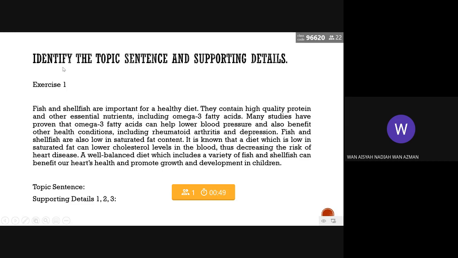In this exercise, you should have 3 supporting details and, of course, one topic sentence. I'll give you 10 minutes.